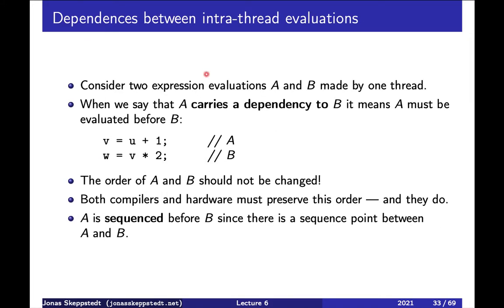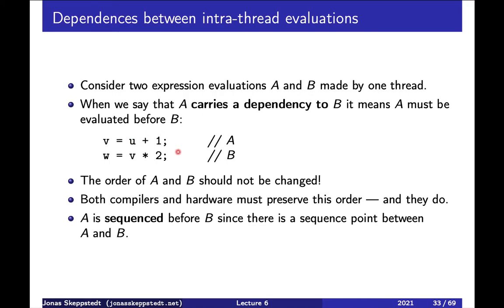So in this case, we have data dependence from this write to this read, and when we say that there is a dependence from something to something, it always means, and not only in this context, that the first, A, is the one that should be executed before B. So if there is a dependence from A to B, it means A should be executed before B. Obviously both compilers and hardware must preserve this order.